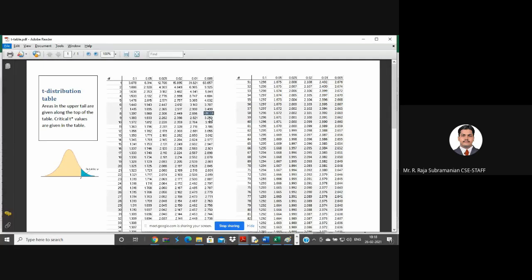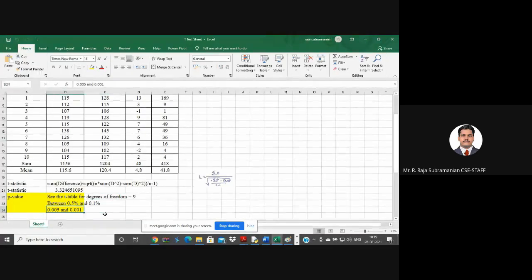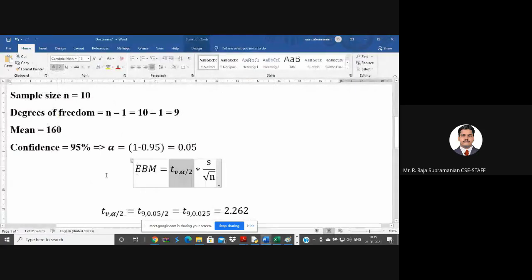So 9 is here, and 3.324 will be above 0.005, on the right hand side of 0.005. That is the thing, right? Once you calculate the t statistic, you can also proceed to the p value. There should be a difference between calculating the t statistic and the t table value, right?